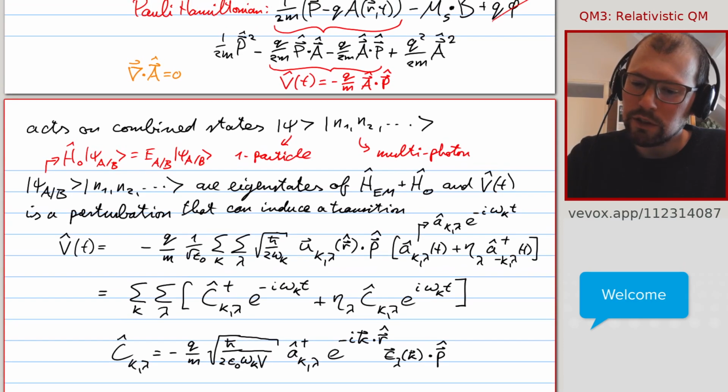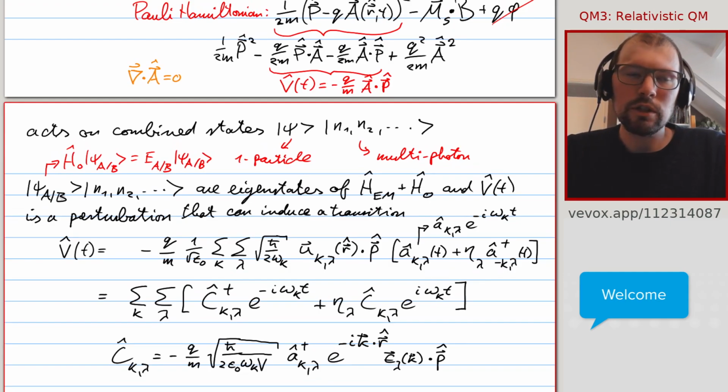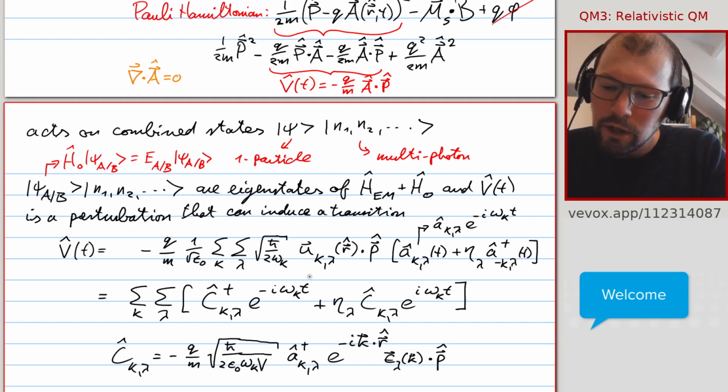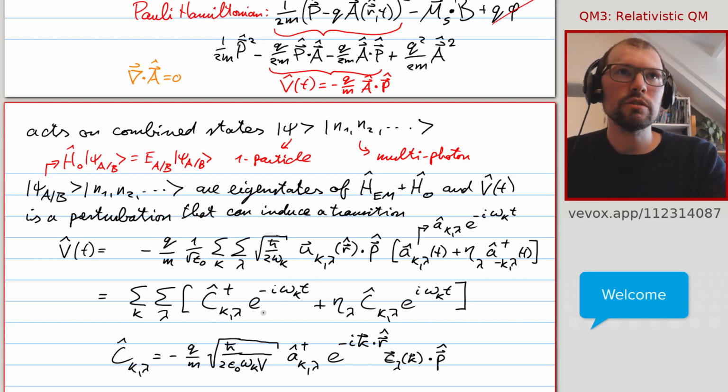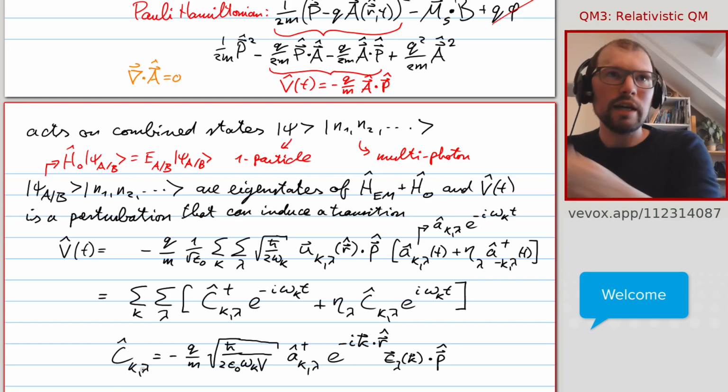So what is this perturbation doing? It is at the same time changing your particle eigenstate to a different one with a different energy, as we'll see, coming about because we have this additional phase here. And in this particular case, adding a photon.